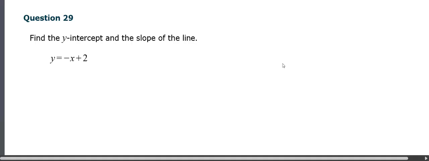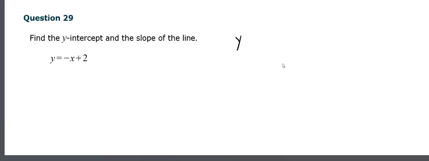In the next problem, we're asked to find the y-intercept and the slope of the line. So the easy way to do this, if you're given a linear equation, is to put it in slope-intercept form. So slope-intercept form, remember, is y equals mx plus b, where m is the slope and b is our y-intercept.